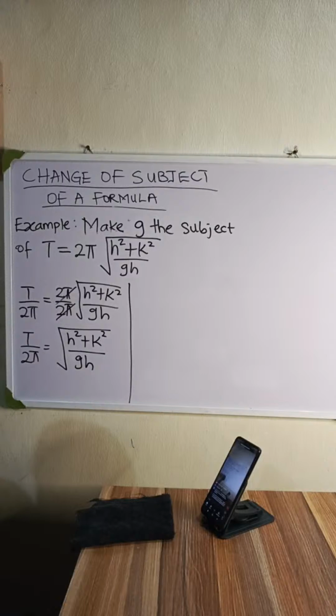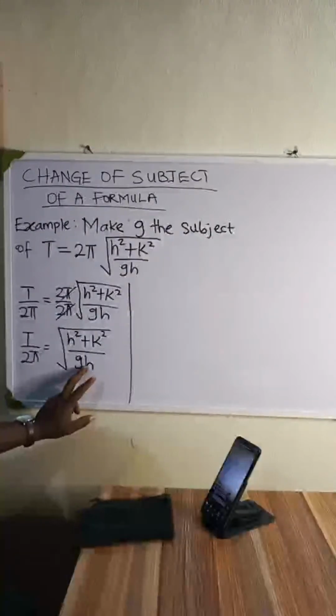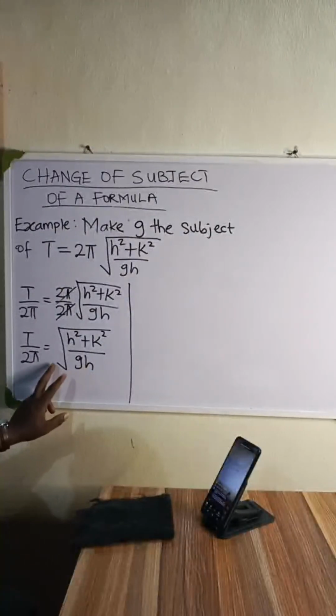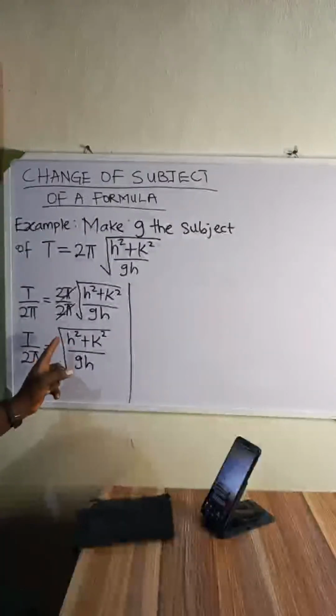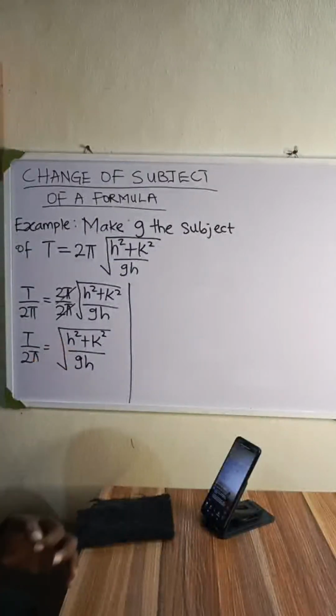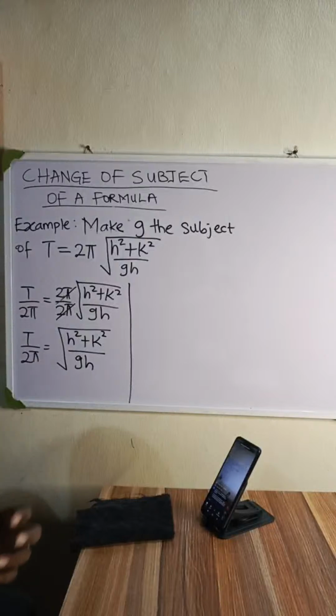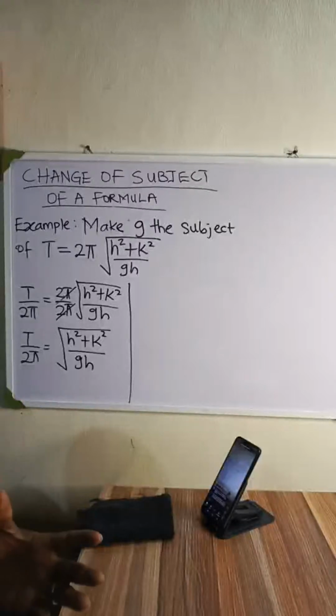Okay. Next, we have not still gotten access to G because there is a square root hindering us from accessing G. So we are going to find a way to eliminate square root. In order to eliminate square root, we need to introduce the opposite of square root. The opposite of square root is square. To cancel out plus, we introduce minus.